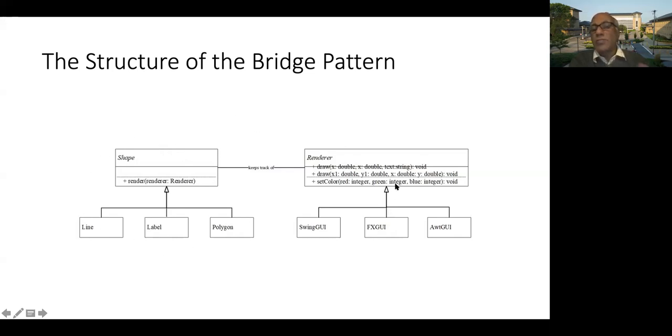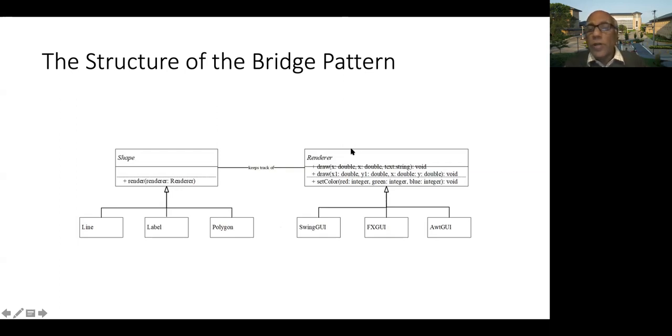And we have lots of technologies. We had AWT when Java came out first. Then we had Swing. Then we had FX. We might have a fourth one, who knows? So we could have many different technologies for drawing things on the screen. We don't want separate classes for every shape and technology pair. That we saw is not feasible. It is too much work.